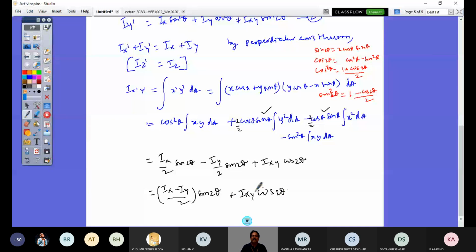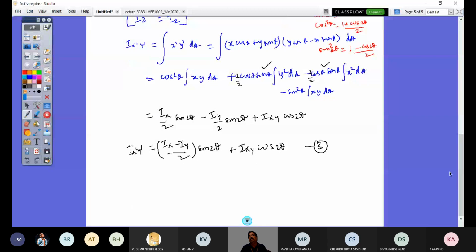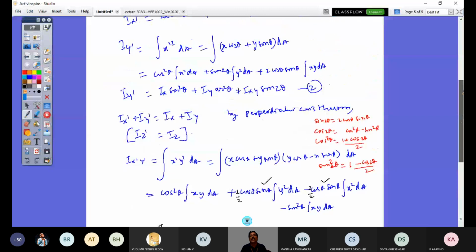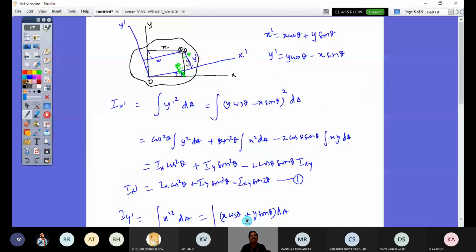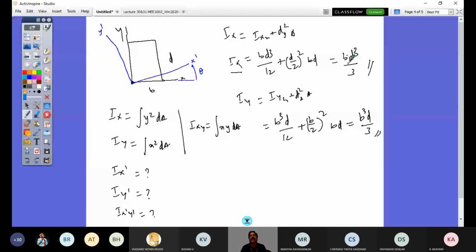Now see that the moment your section is rotated like this, the values we had about the xy axis, given by bd cube by 3 or b cube by 3, are changed. So about Ix dash, it is not only the Ix, Iy values, also the product of inertia comes. The moment the section orientation is changed, or you rotate the axis, the area moment of inertia values are going to be coupled.